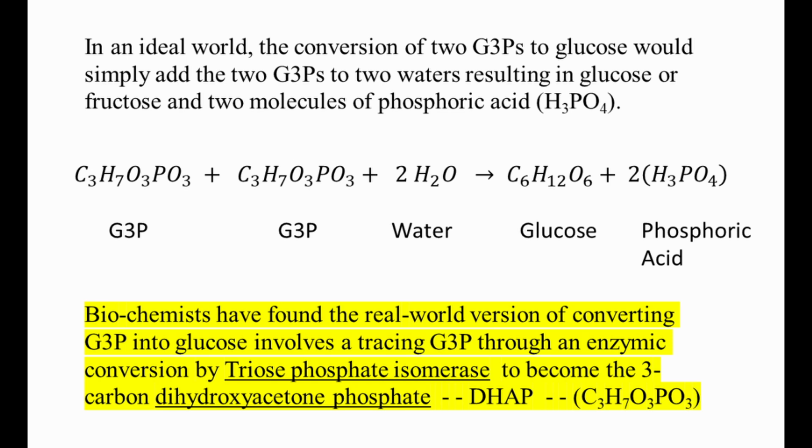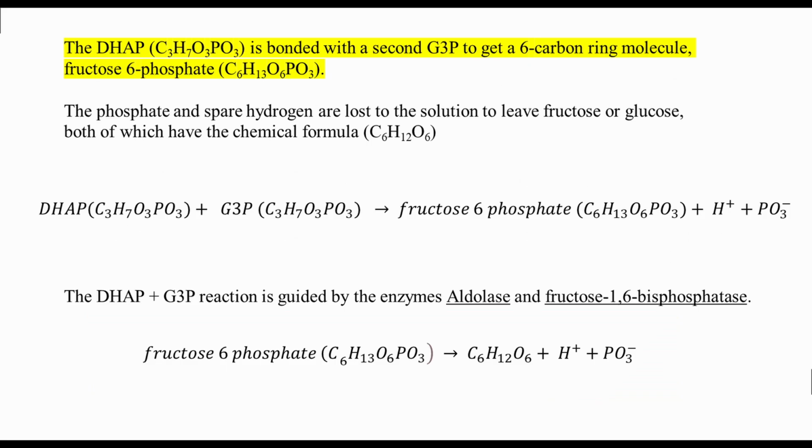Biochemists have found the real-world version of converting G3P into glucose. It involves tracing G3P through an enzymic conversion by triose phosphate isomerase to become the 3-carbon dihydroxyacetone phosphate, DHAP. The DHAP, C3H7O3PO3, is bonded with a second G3P to get a 6-carbon ring molecule, fructose 6-phosphate, C6H13O6PO3.